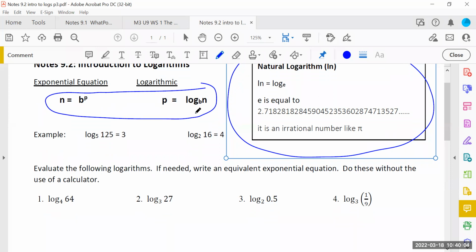So here, what power of 5 gives me 125? The answer is 3. What power of 2 gives me 16? The answer is 4. And again, if you rewrote those, 5 to the third power is 125, 2 to the fourth power is 16.